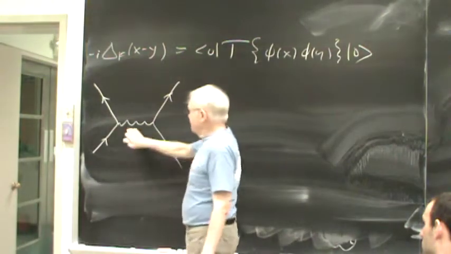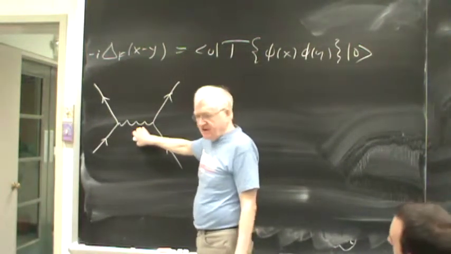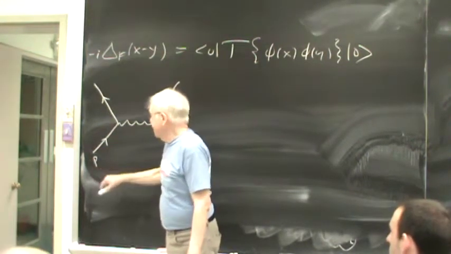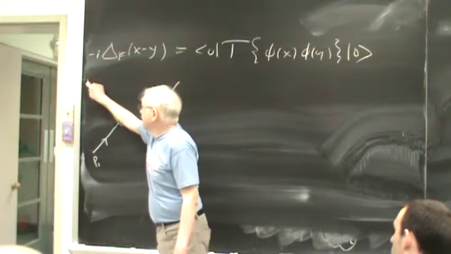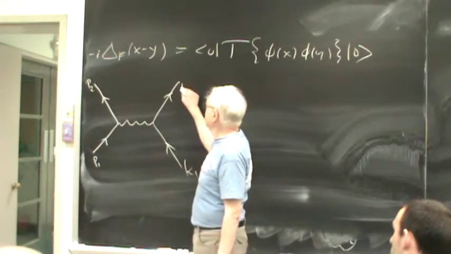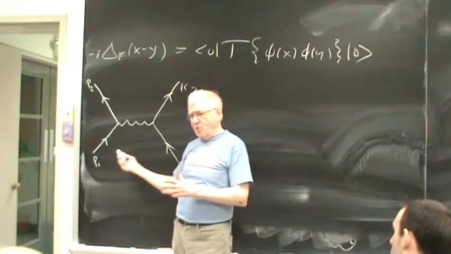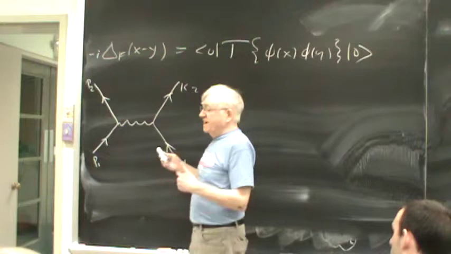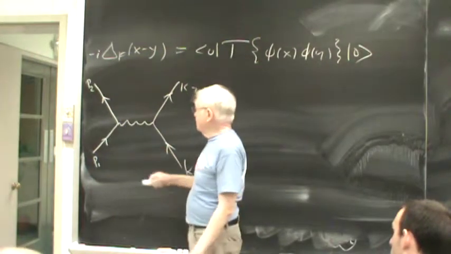And this Feynman diagram means you have a proton going along with, say, P1 to P2, and this one K1 to K2. So these are the four momenta of the ingoing and outgoing protons.